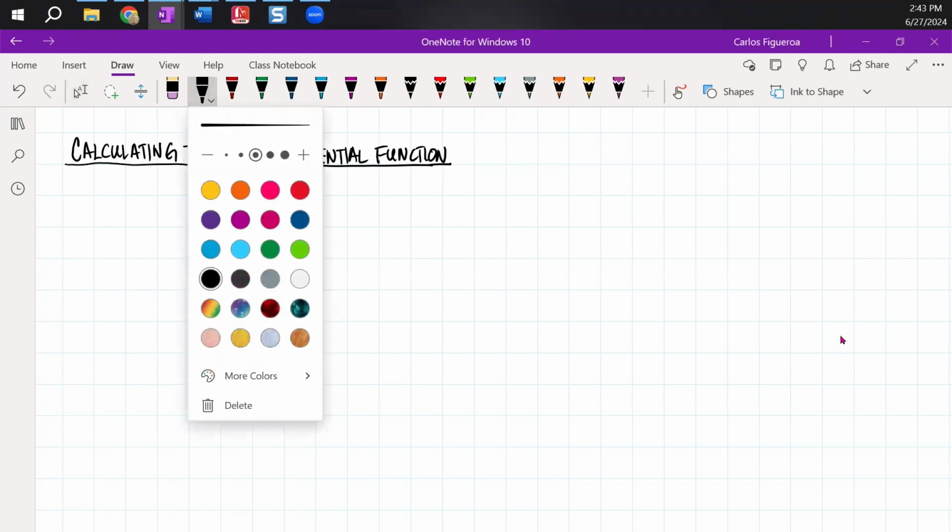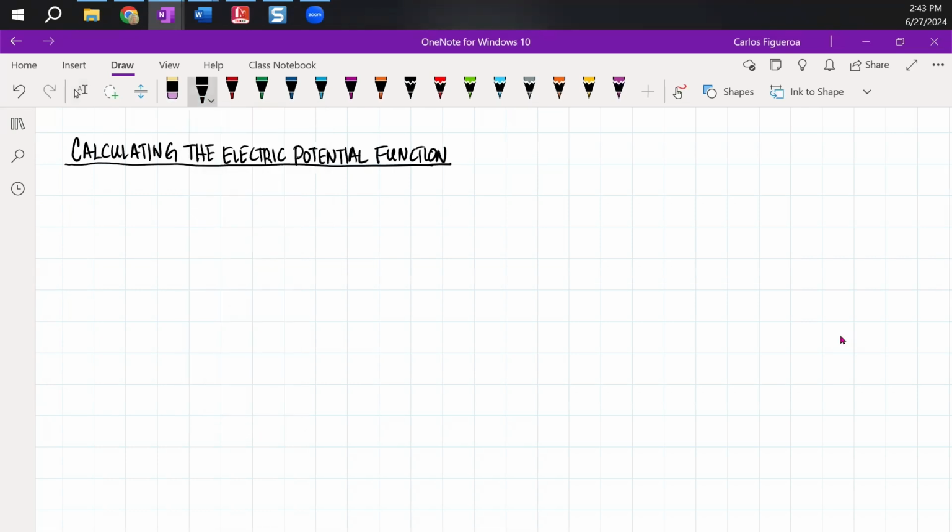So the first one I'm going to look at is work done by a uniform electric field. Suppose there are two large plates.